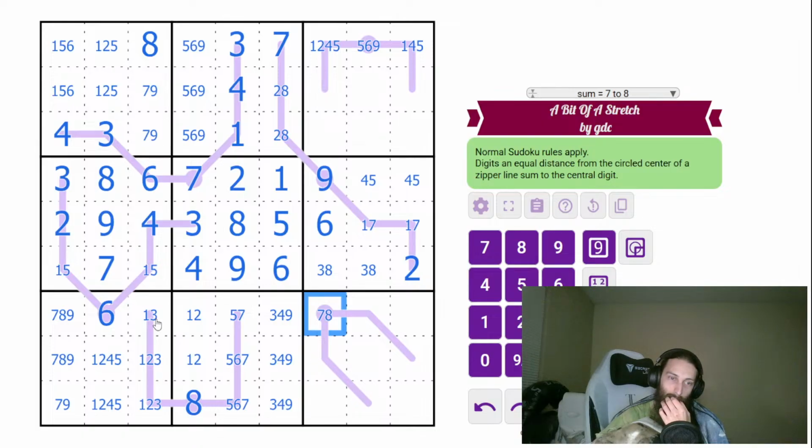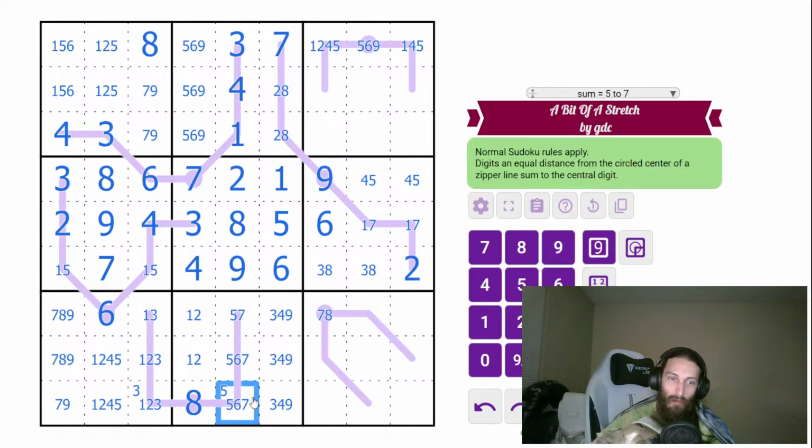So if these were, well, can this be a 1-2 block? Then 1, 2 would have to be the first.